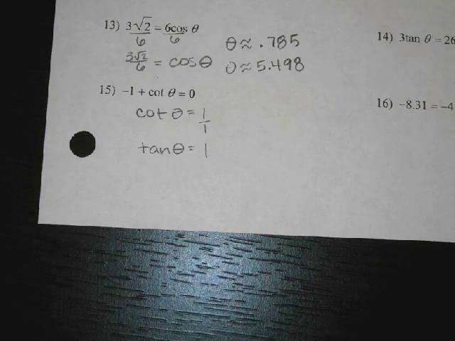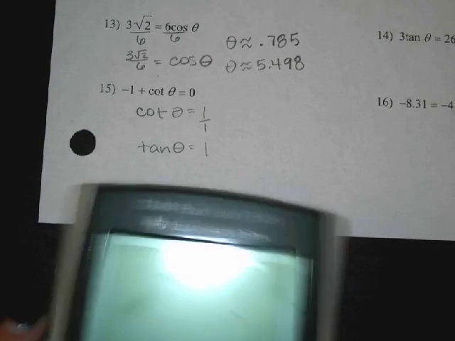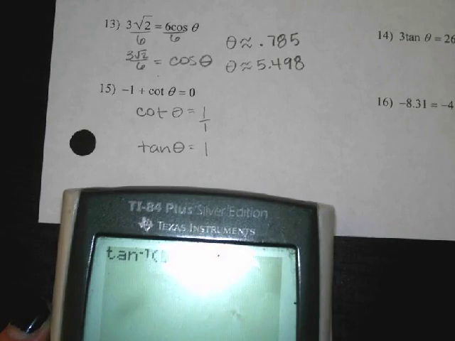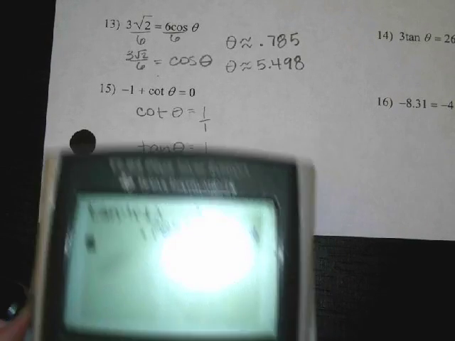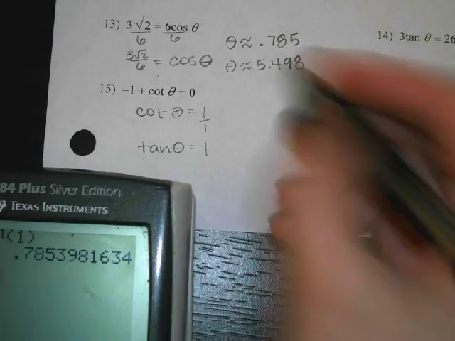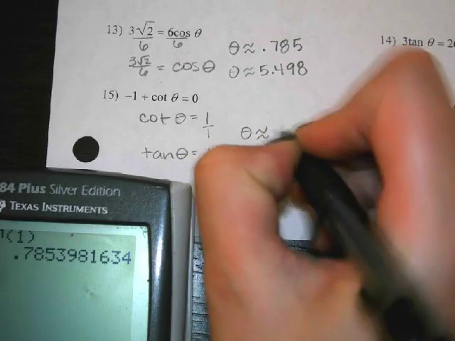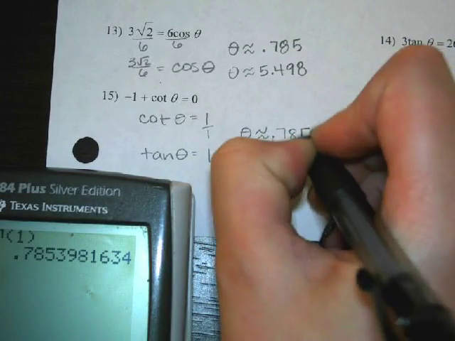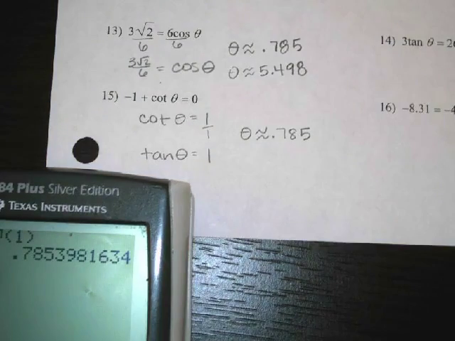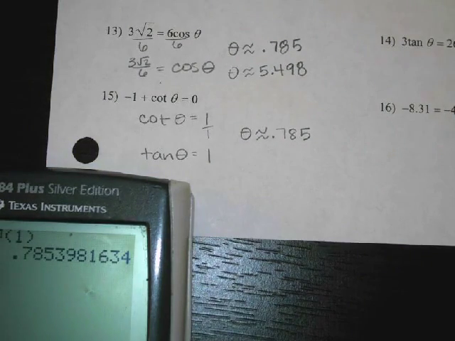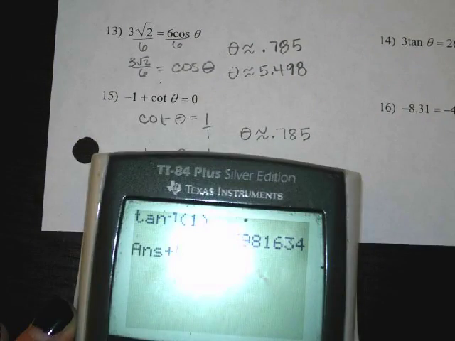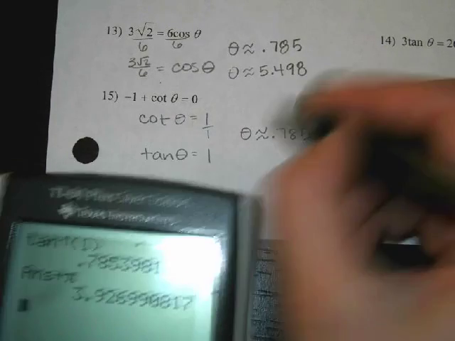So I can't do the problem with cotangent, but I can fix it and do the problem with tangent. Okay, so I get theta is approximately 0.785, and then since it's tangent, what do I do to find my next answer? Plus pi. Plus pi. So 3.927.